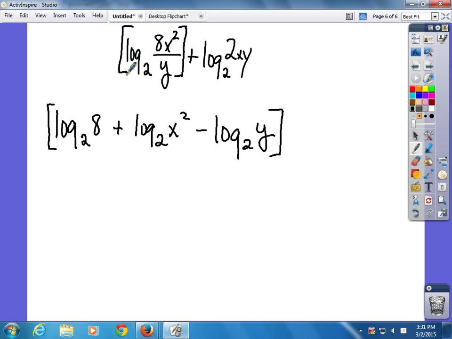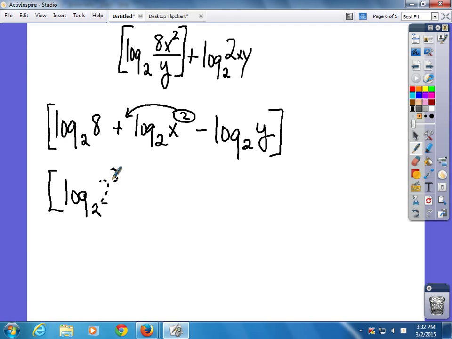And technically, you could bring this outside, because we're expanding it. You could rewrite this as 2 to the third power and bring the 3 out front, and that'd be 3 times 1 is 3. But I don't know if they want you to go that far, and we're not going to do that.